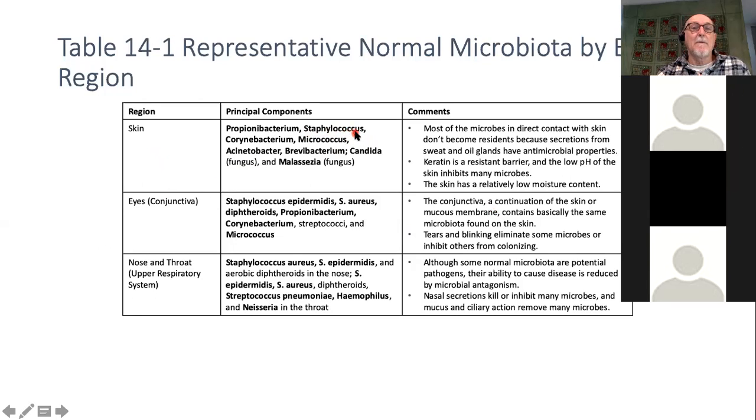Staphylococcus, for example. There are several species of Staphylococcus which just occur naturally on our skin. In the eyes, we do have a resident bacterial population, but it's very much kept under control by lysozyme, the substance in tears. So the populations are actually low, but also quite diverse.